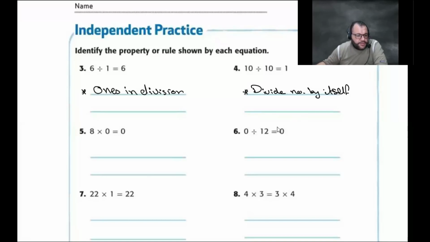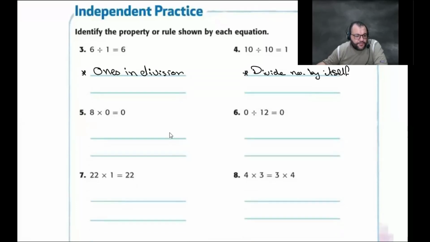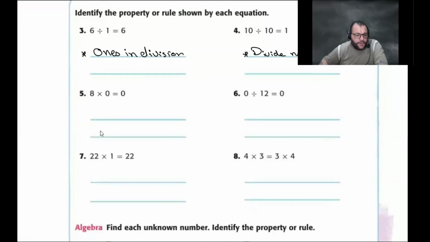Okay, thanks. So Muhammad Hisham, question number 5. Zero property in multiplication. Okay, thanks. Welcome.